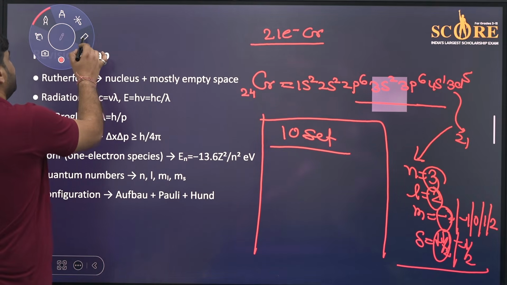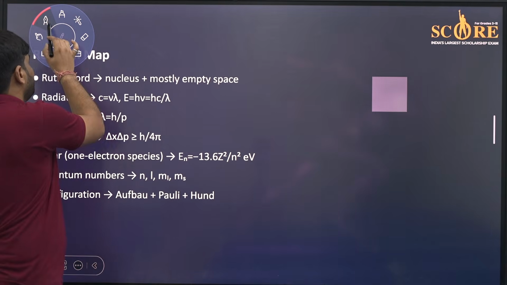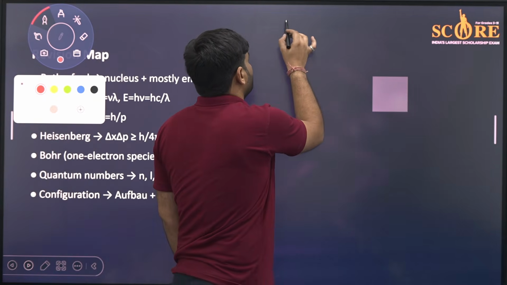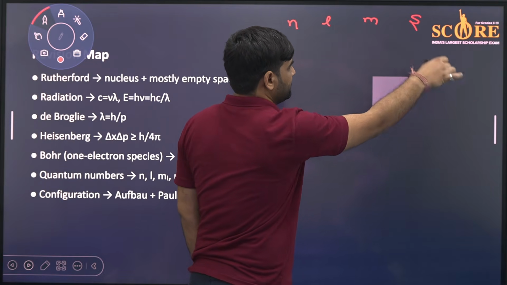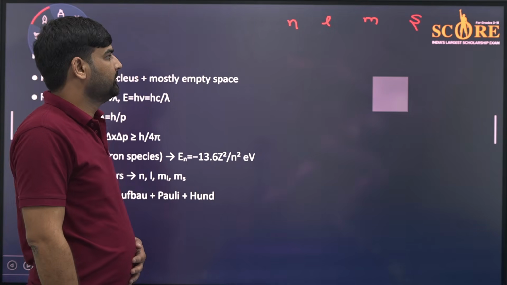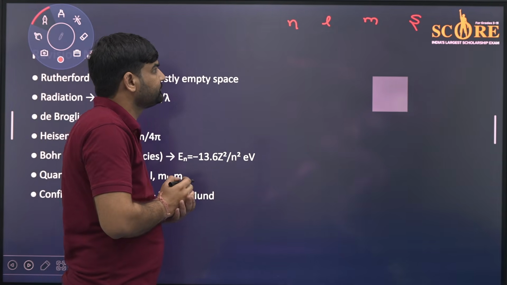Next question is that you have to find which quantum number set is incorrect. There are n, l, m and s: principal quantum number, azimuthal quantum number, magnetic quantum number and spin quantum number.